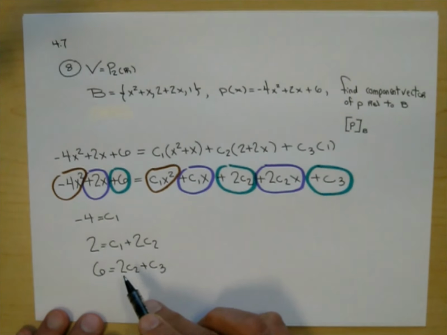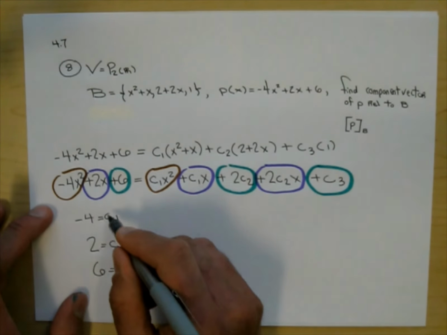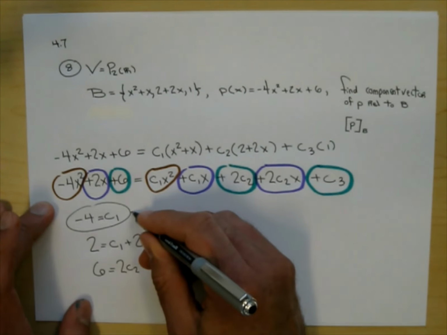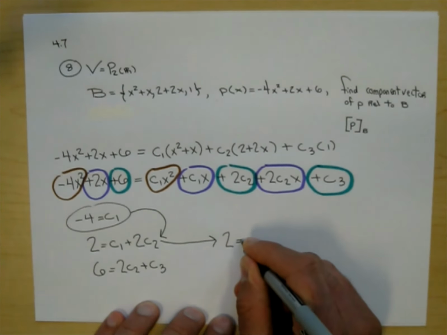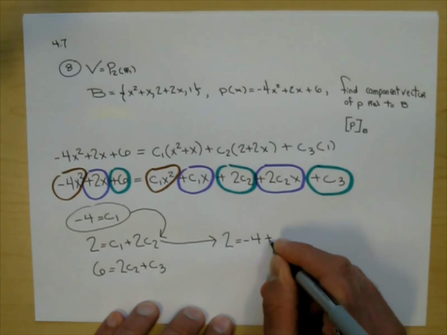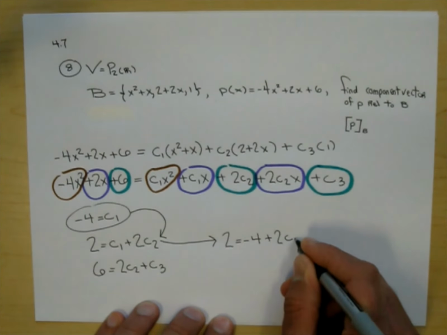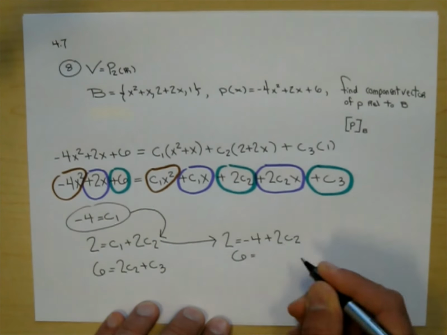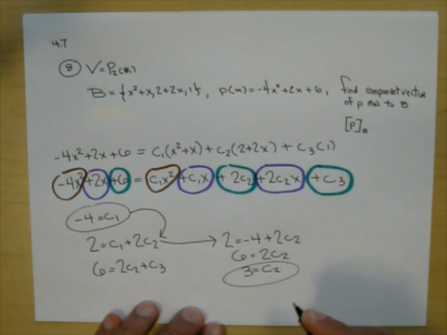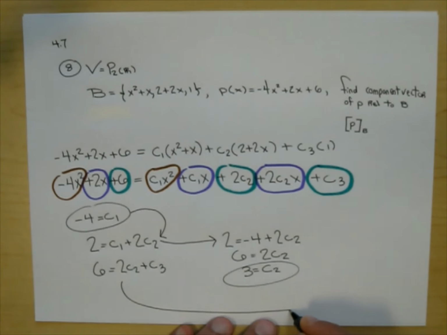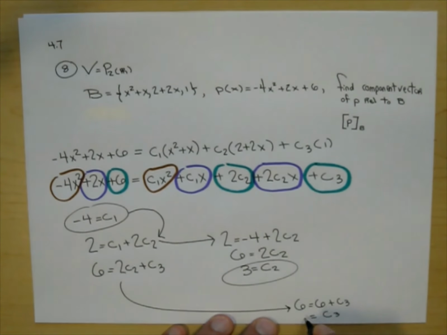Is it true that I can throw this in an augmented matrix? Absolutely, but you know what? I can use that to figure out what C2 is. So what do I have? I have 2 equals -4 plus 2C2. So 6 equals 2C2, C2 equals 3. And now I can get this one, because now I know what C2 is. So I have 6 equals 6 plus C3. C3 equals 0.